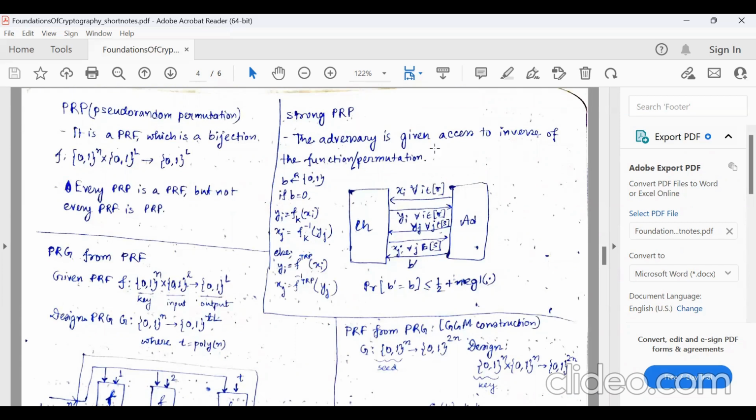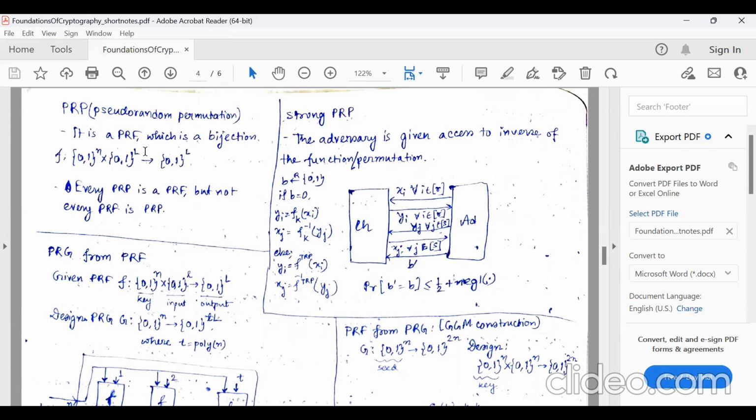There is also another concept of strong PRP, where the adversary is given access to the inverse of the permutation. The difference between PRP and strong PRP is that in a PRP, the adversary is allowed to query the challenger with xi and see the corresponding PRF evaluation for those inputs.